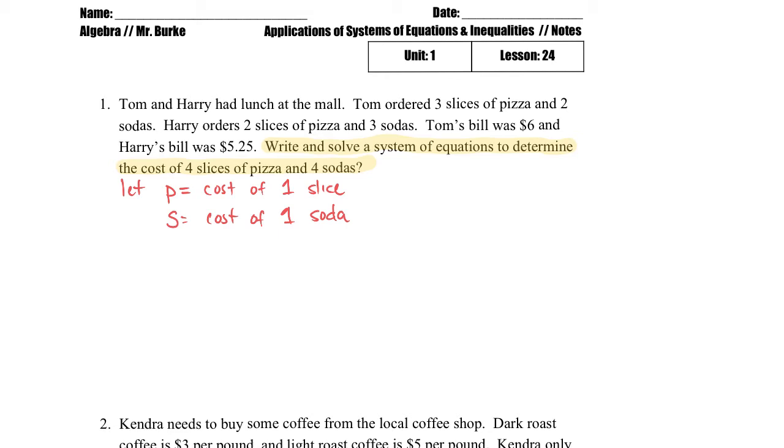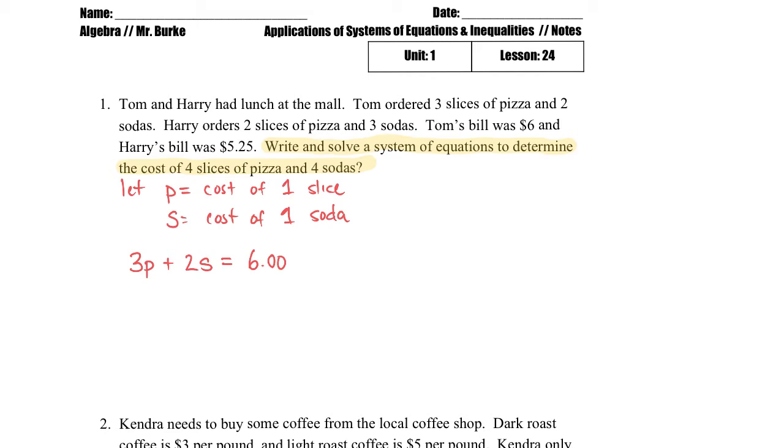All right, so now we need to come up with our system. Tom ordered 3 slices of pizza and 2 sodas, and his bill was $6. I'll write it as $6 like so.